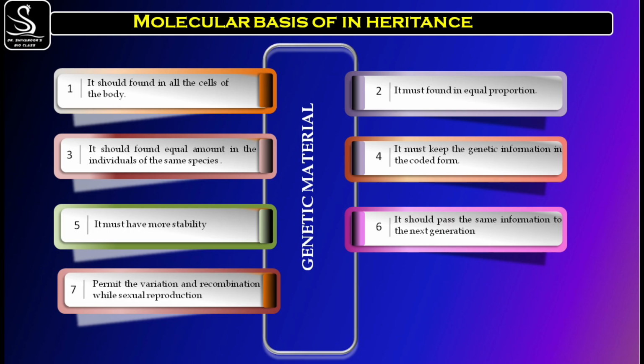Okay, 7th property: it should permit a little variation and recombination during sexual reproduction, my dear students. Of course it should have more stability, no doubt in that, but it should permit very slight variation, slight mutations. Just think for a while. If not the mutations, if not any variation, then how can you expect the evolution process?